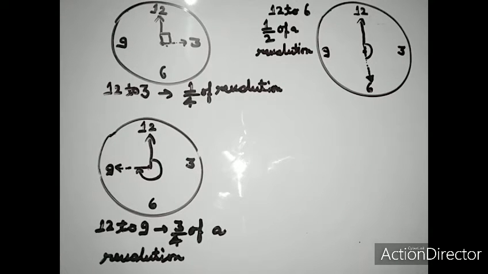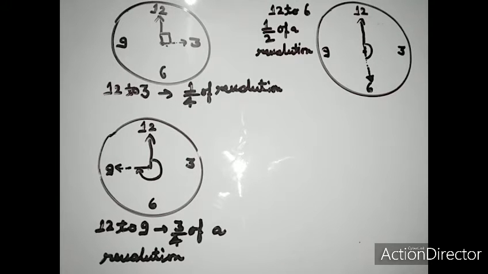So these are some examples related to clock, and we also see all these angles when we watch time, right? And dear students, here we take some questions related to clock. What is an angle?